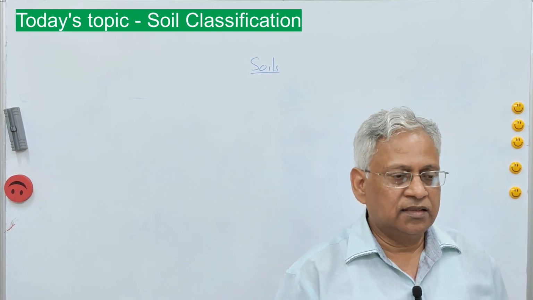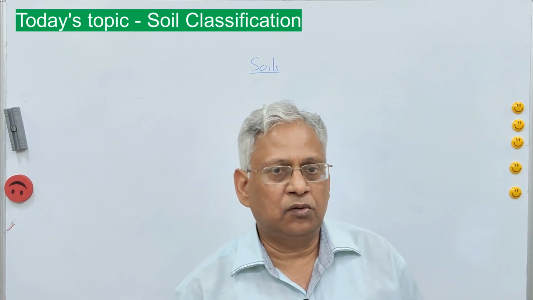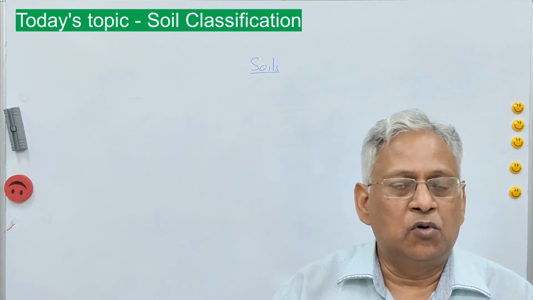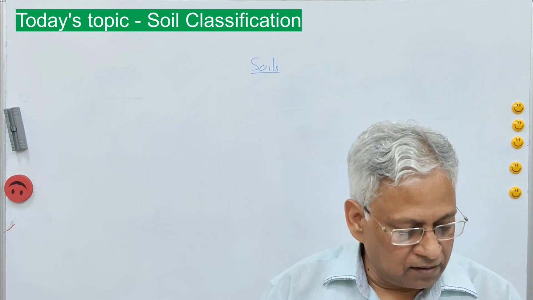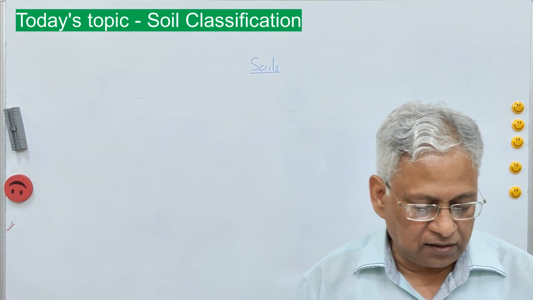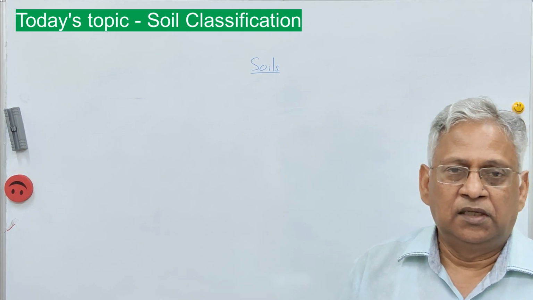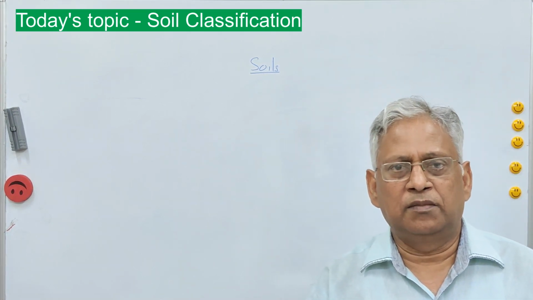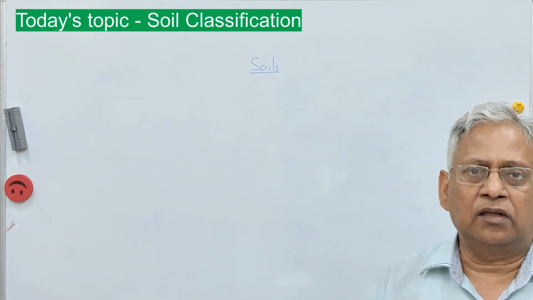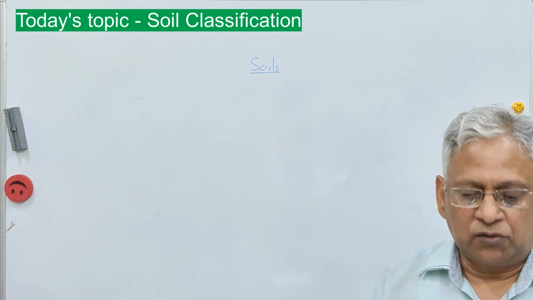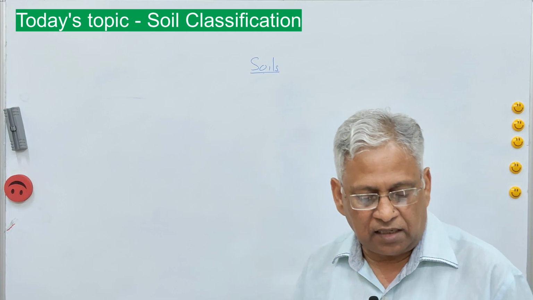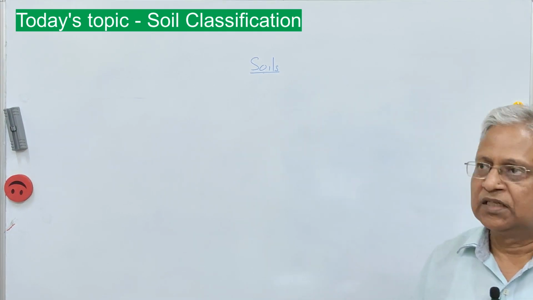And another one is ASTM classification system, which is mostly used in United States of America. And the third is Indian Standard Soil Classification System, which is more or less same as Unified Soil Classification System with some minor changes. So today we shall discuss this Indian Standard Soil Classification System.